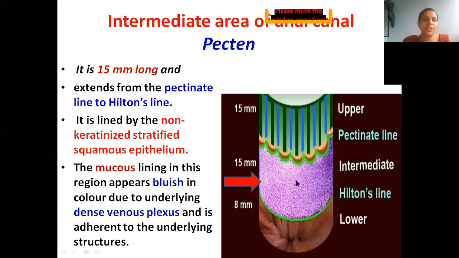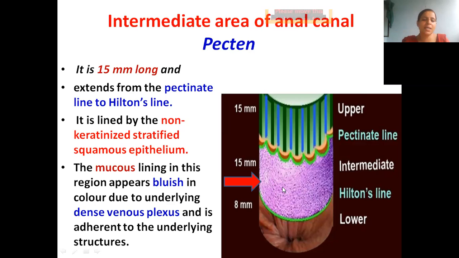Now next we have the intermediate area, which is also called the pecten. The upper wavy line is the pectinate line, and inferiorly there is one more line called Hilton's line. The intervening area between the dentate or pectinate line and Hilton's line, about 15 mm, is called the pecten. It is lined by non-keratinized stratified squamous epithelium, which means cells are in multiple rows and there is no dead keratin layer here.